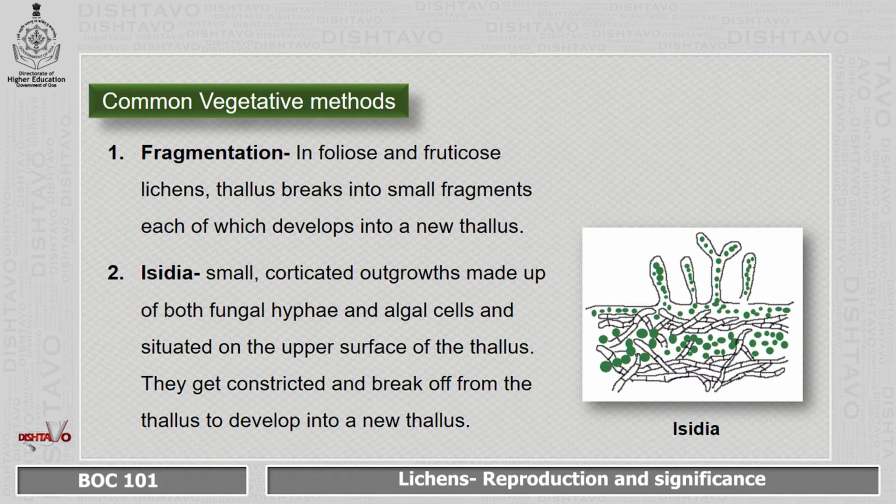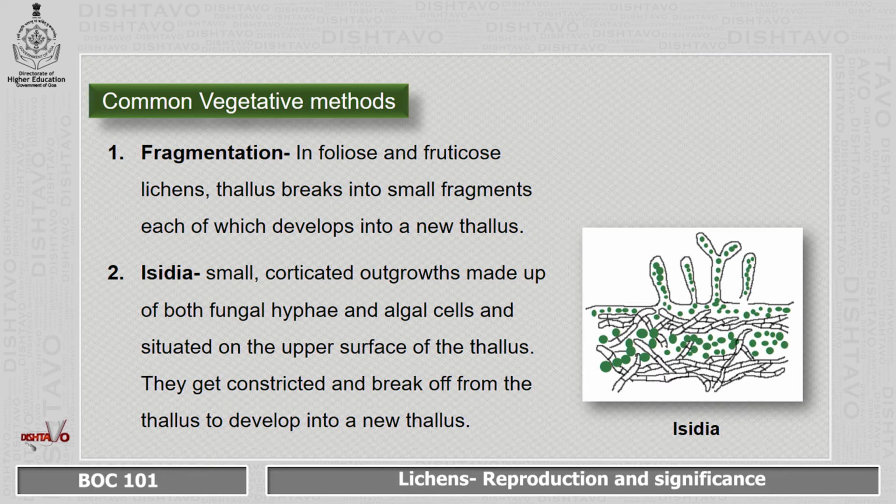To begin with the common vegetative methods. The first is fragmentation. In foliose and fruticose lichens, the thallus breaks into small fragments, each of which develops into a new thallus. The second method is through formation of isidia, singular isidium.